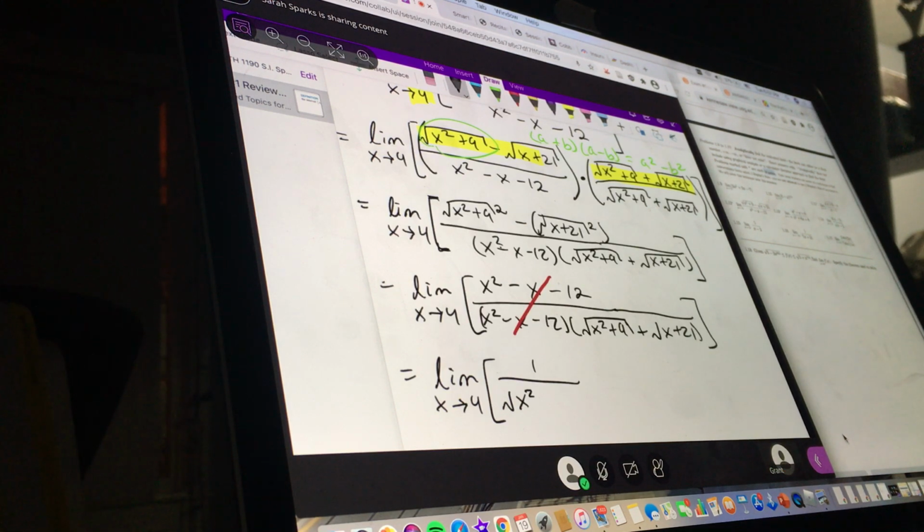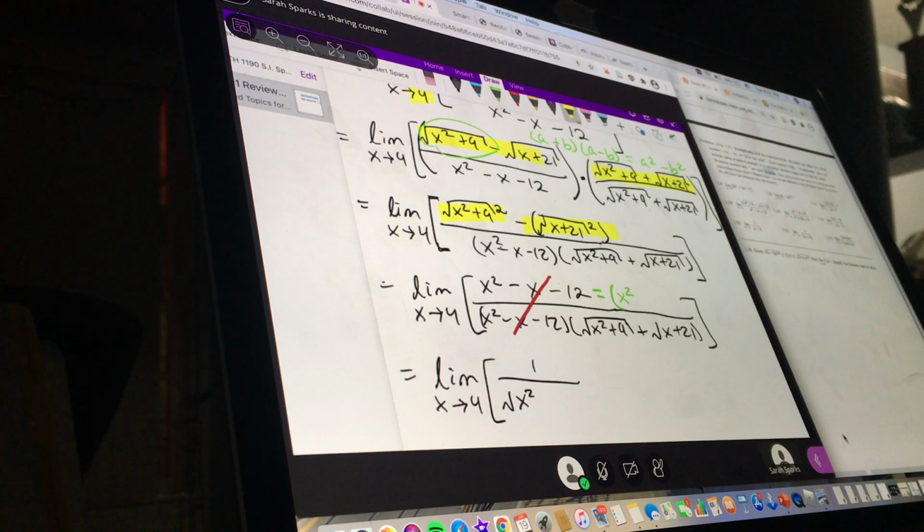I'm having a little trouble keeping up. Sorry. Are you good? All I did was that numerator. I'm going to write this in green. I just rewrote that. So for here and here, the square of the square root is just what's on the inside, right?